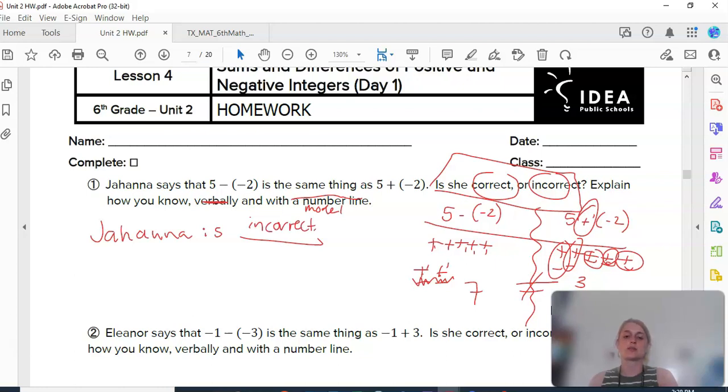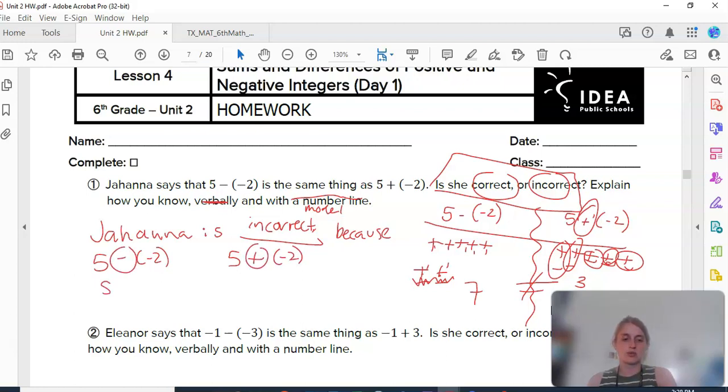That's not enough. You need to tell me why. She is incorrect because, look, this is the same. This is the same. This is not the same.